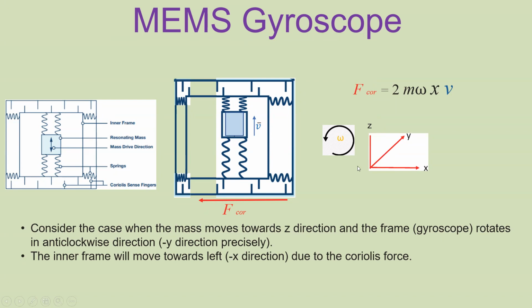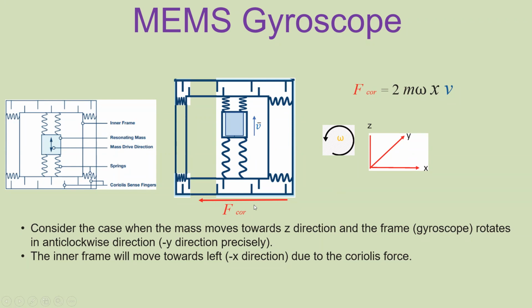For instance, this may be at a point like this. So it is moving in Z direction, in linear direction, and omega, what is the direction? It is coming out of the screen, that means minus y direction. And this gyroscope rotates in anti-clockwise direction. If we say it precisely, it is coming out of the screen, minus y direction.